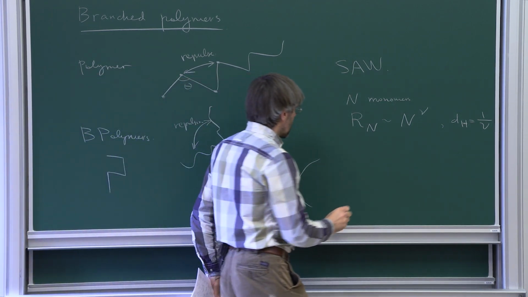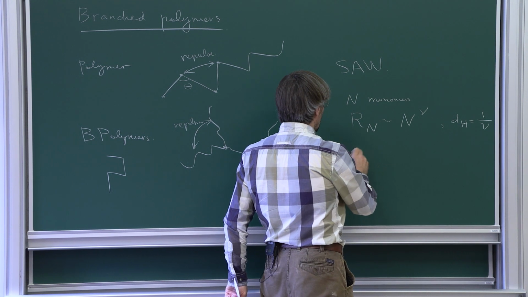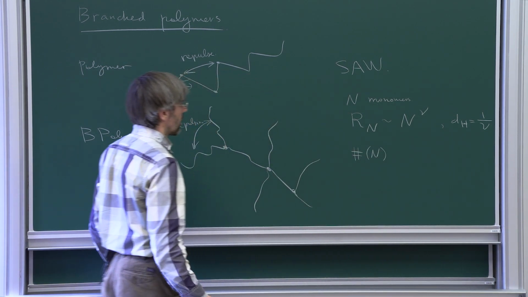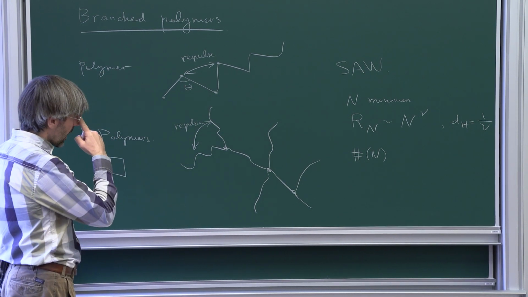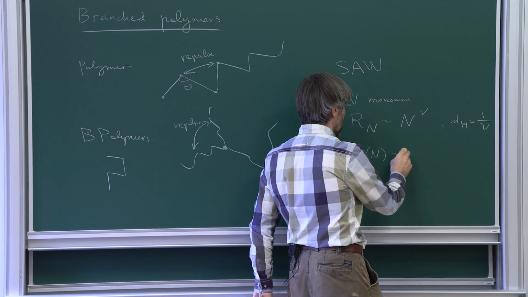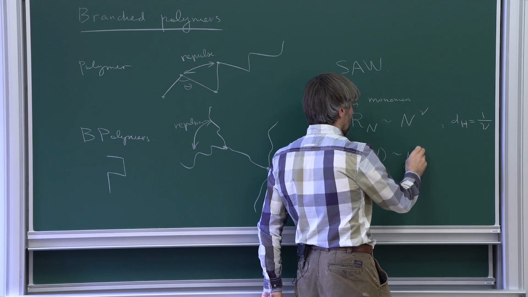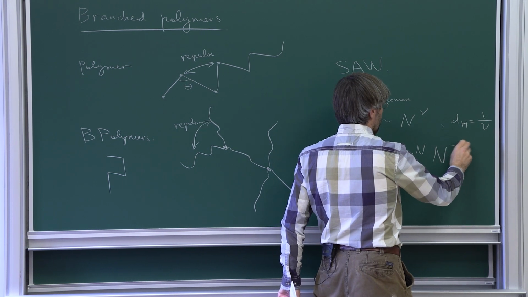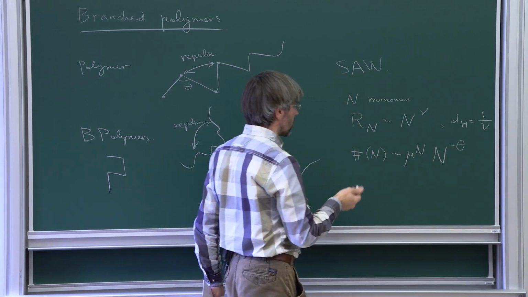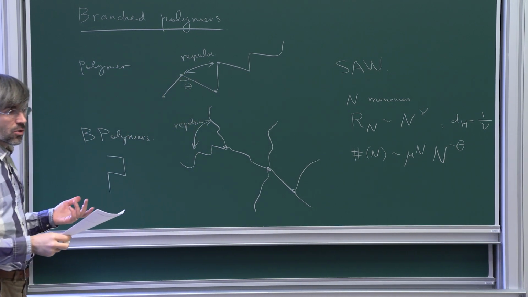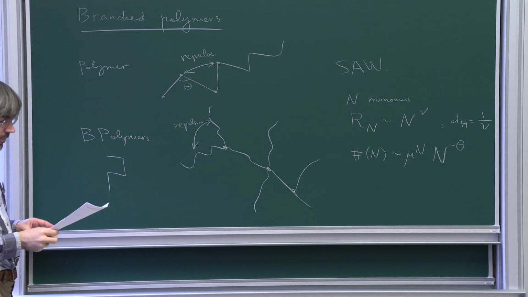Then you can ask the number of polymers made out of n links, and this number is going to go, depending on the microscopic model, as some constant to the power n times n to the power minus theta, and this theta is also a critical exponent of the problem, which is also supposed to be universal.